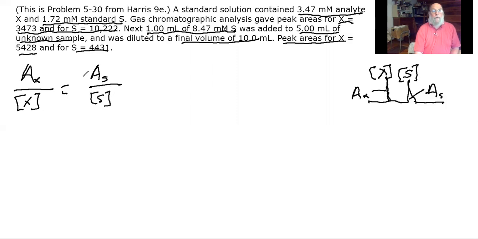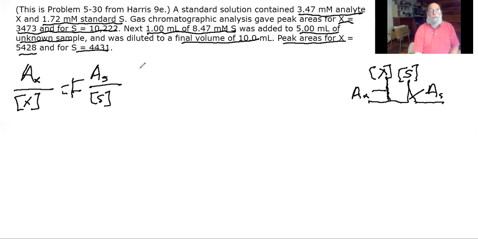Now this is almost never exactly 1-to-1, so we have a proportionality factor that's called, according to whose book you're looking at, F or R for response factor. And different people set up this proportion different ways. It doesn't really matter, but you've got to be consistent. If you pick it this way, you've got to do it this way.